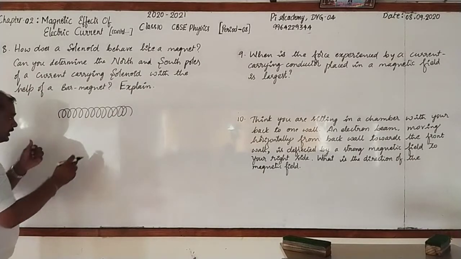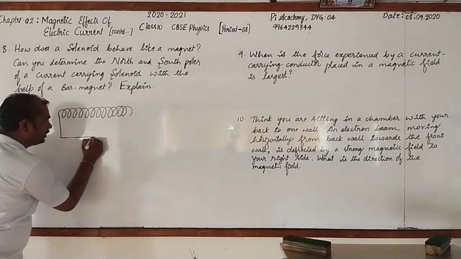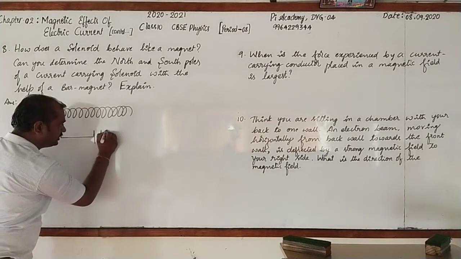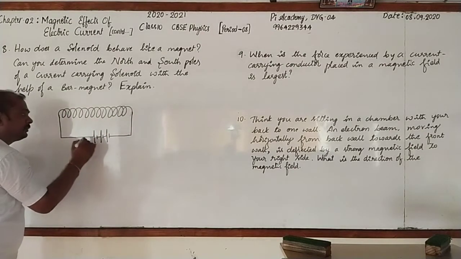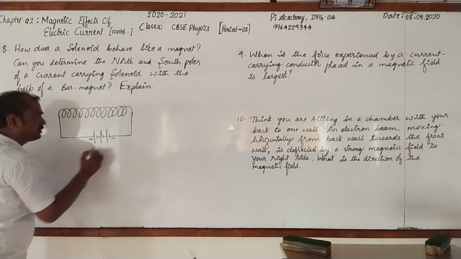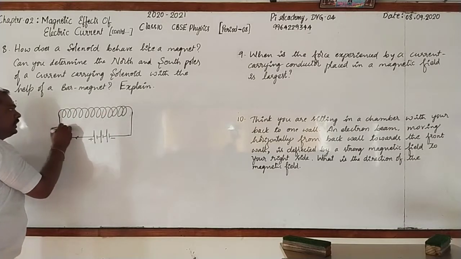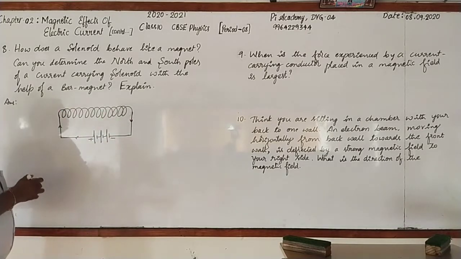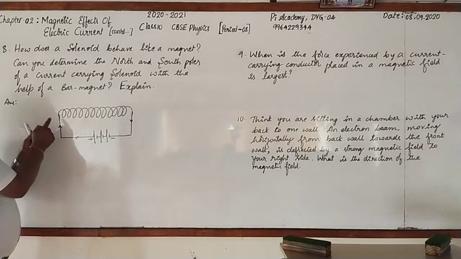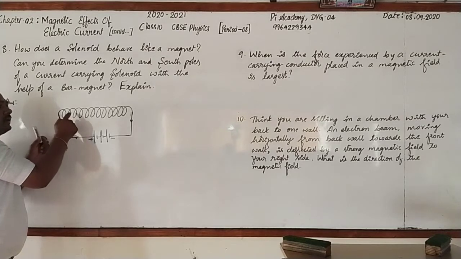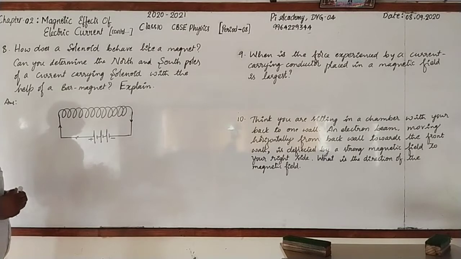To make it behave like a magnet, it should be connected to terminals of a battery, right? Look here. This is the positive terminal and this is the negative terminal. When the current flows from positive terminal to negative terminal, then according to the magnetic effect of electric current, the magnetic field is developed around this conductor. Likewise, around the solenoid also, magnetic field is developed.